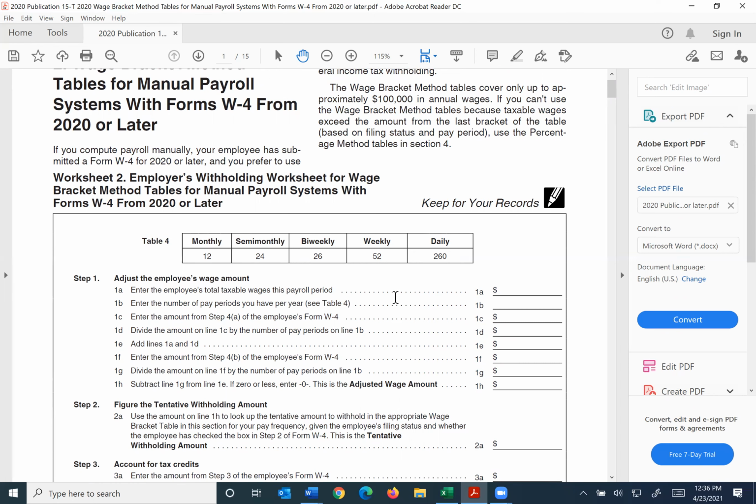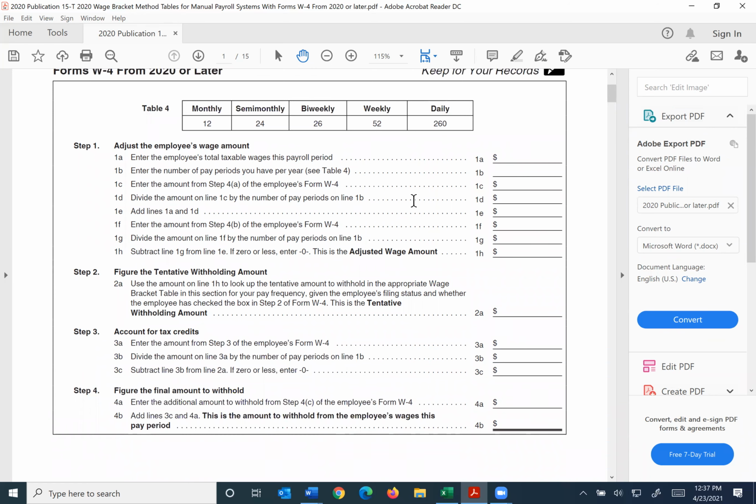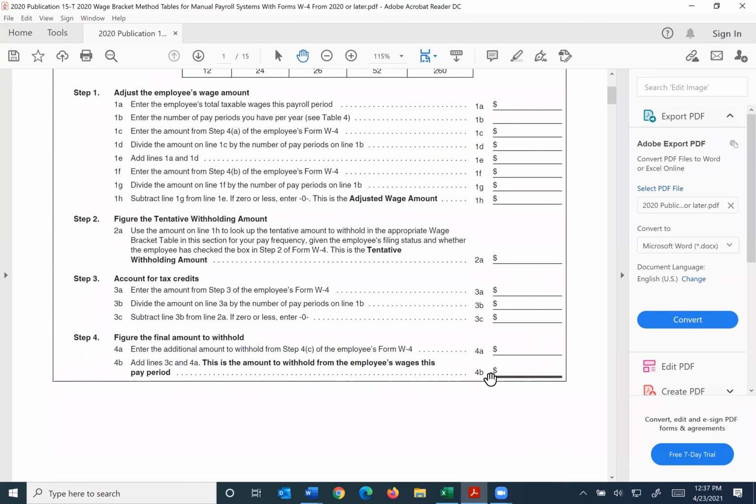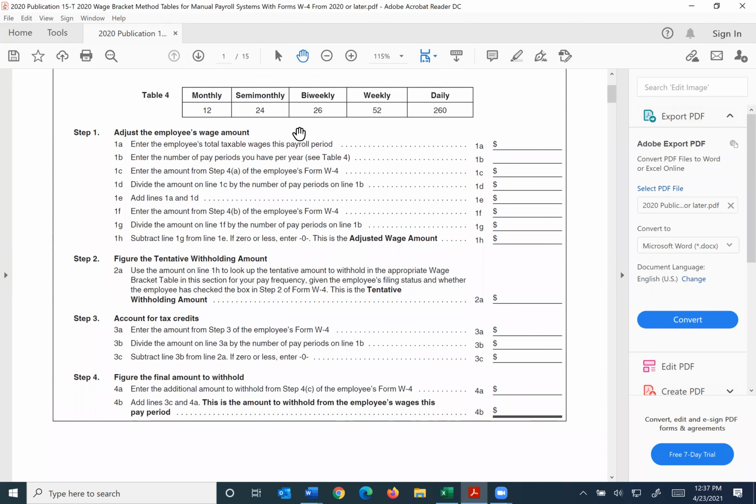This worksheet is actually the worksheet that you will use, and this will be the amount of tax that you will withhold from that paycheck. So you can see, doing payroll manually, you might do this for 1 or 2 employees, but you'd have to do this every payday unless they have a set paycheck, right?